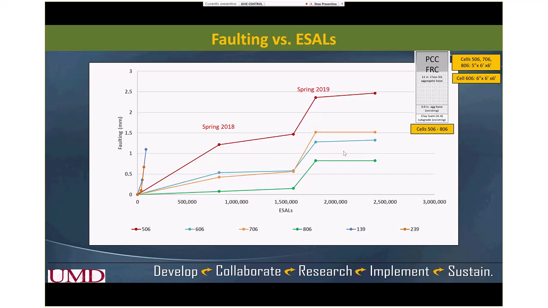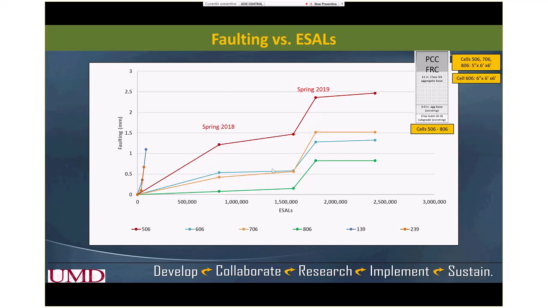Now you can see the red one at the top. This is 506, and the two intermediate graphs are 606 and 706. 606 had 6-inch thickness, so that's why the faulting is a little less. And 706 was 5-inch but had more fibers.